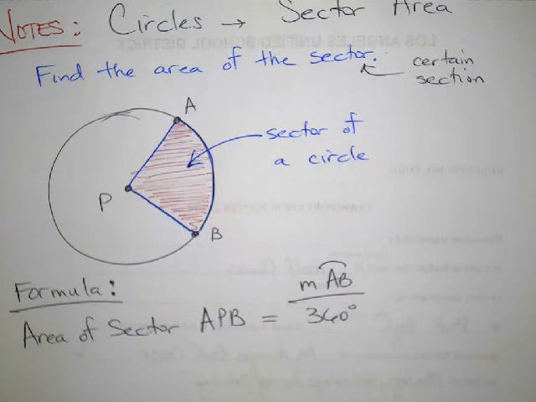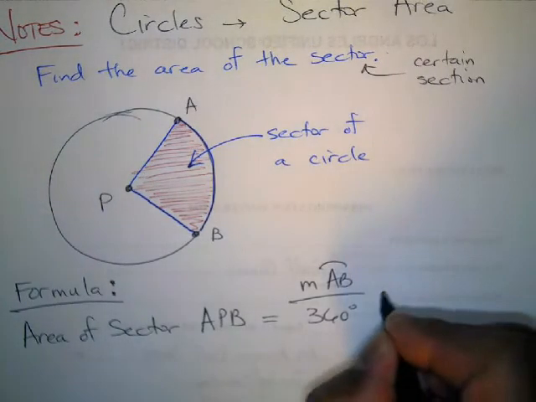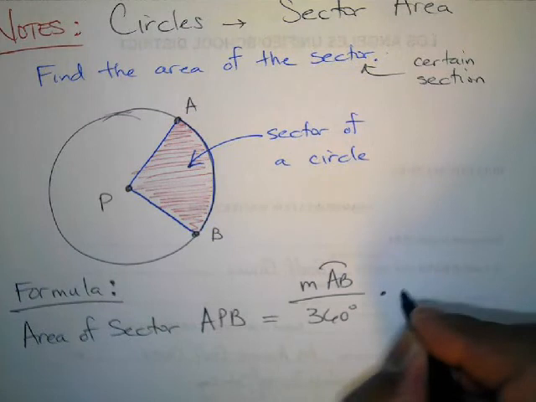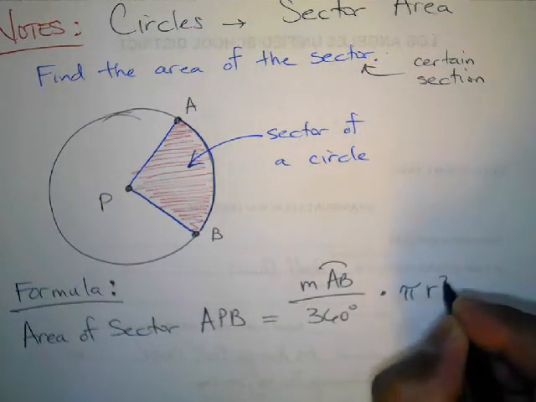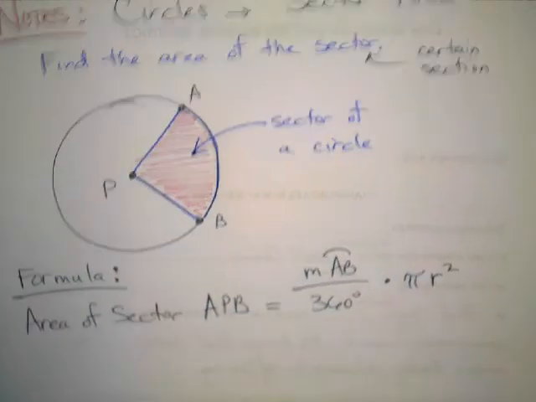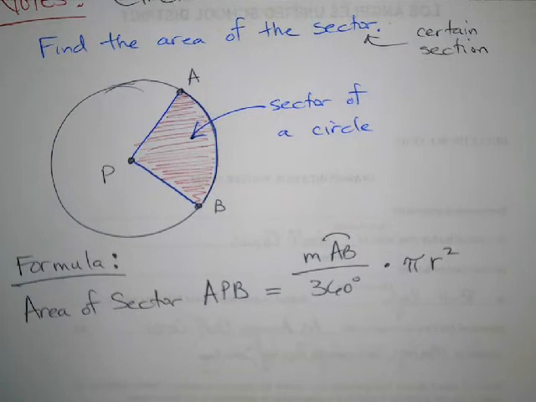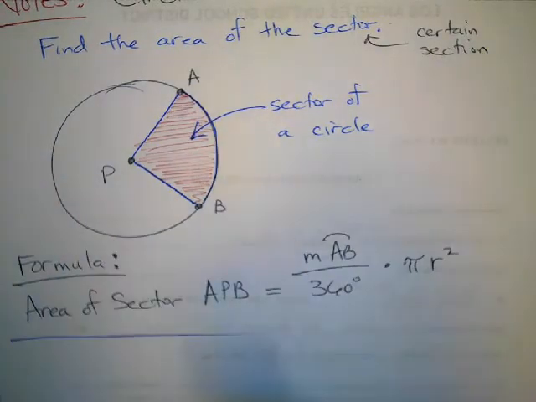Remember, we did that for arc length. And you're going to multiply that by pi, and then the radius squared. This is the formula.